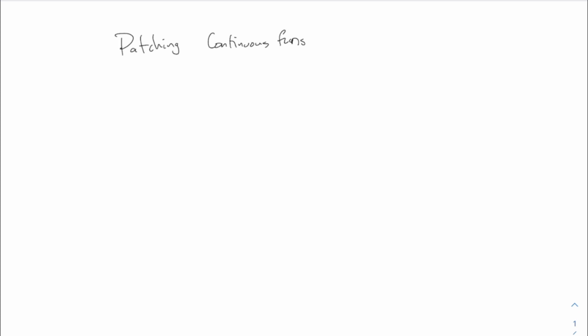And the picture that you should have in mind, a picture of two real functions being patched together, is something like if I have one function like that. Now I'm going to imagine these are functions whose domains are not all of R. You can do it with all of R, but it's not an interesting picture.